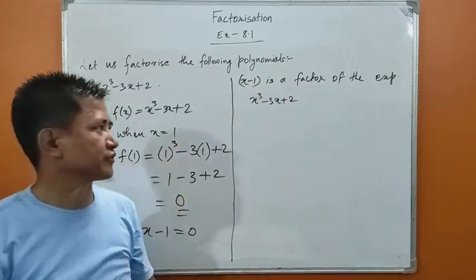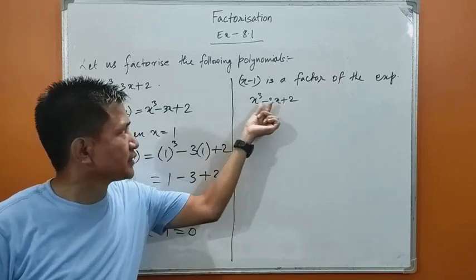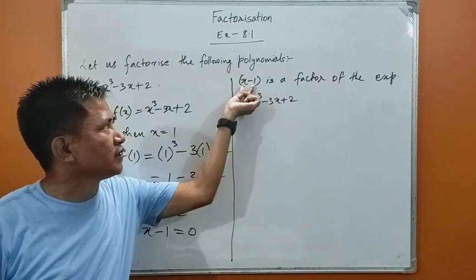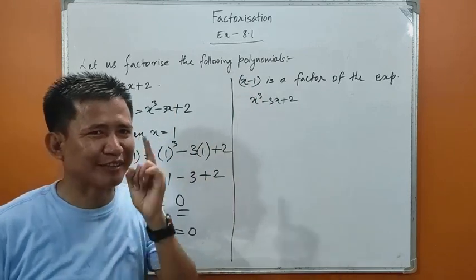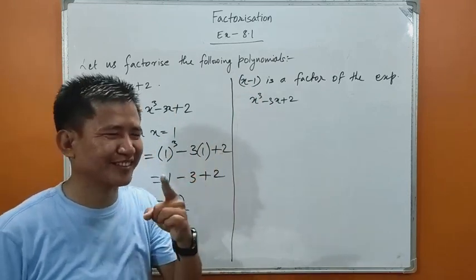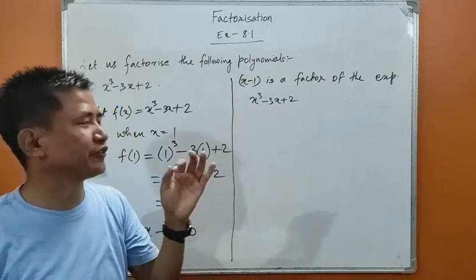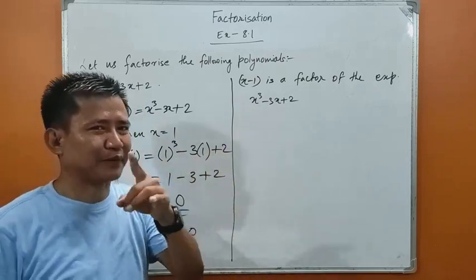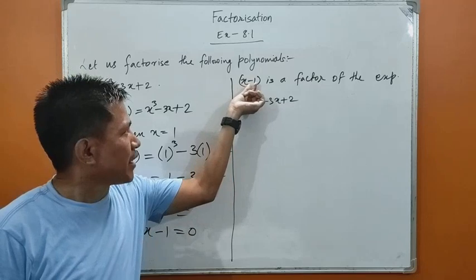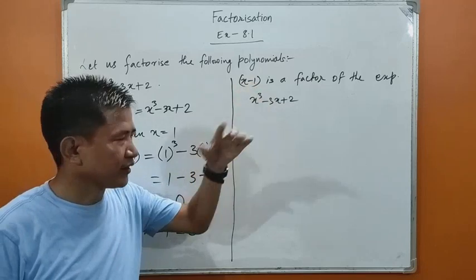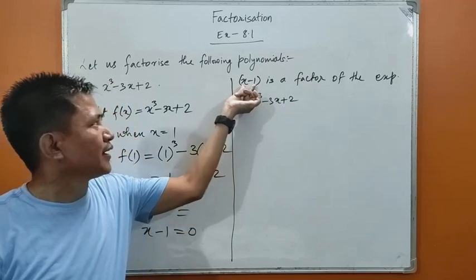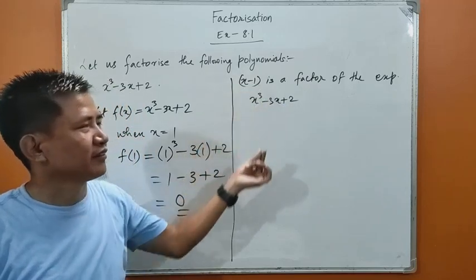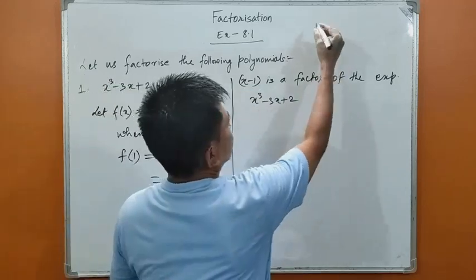Now let me explain this. When this expression is divided by x minus 1, the remainder will be f(1). We have learned this in the remainder theorem. You can check out the video in the playlist if you have not watched it.